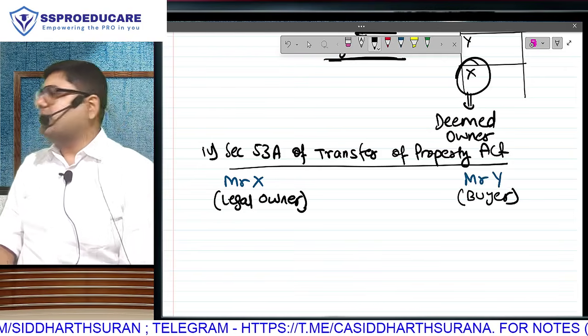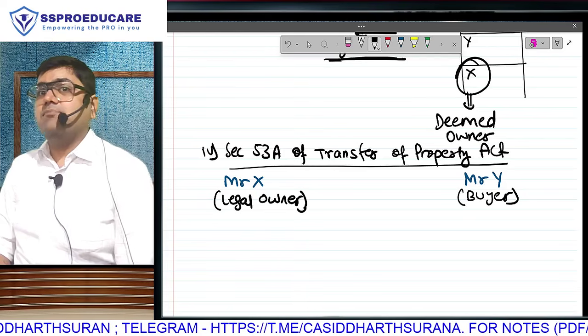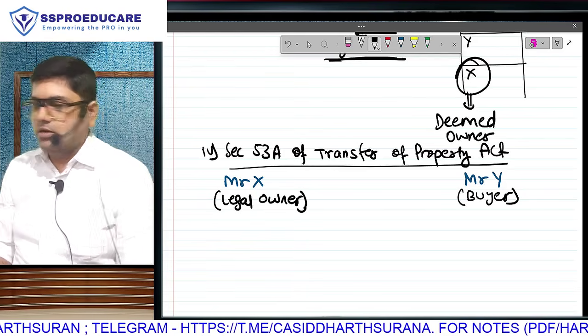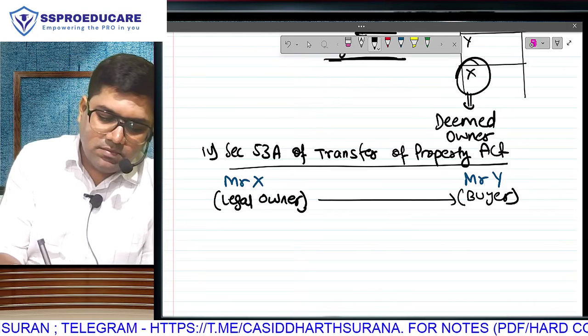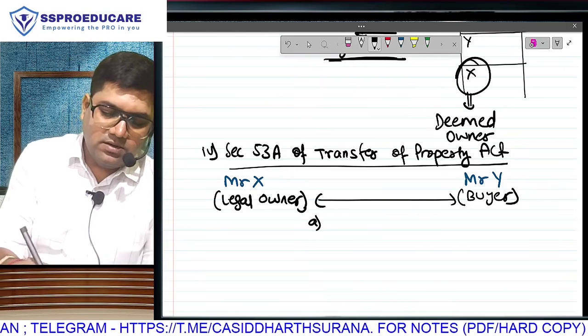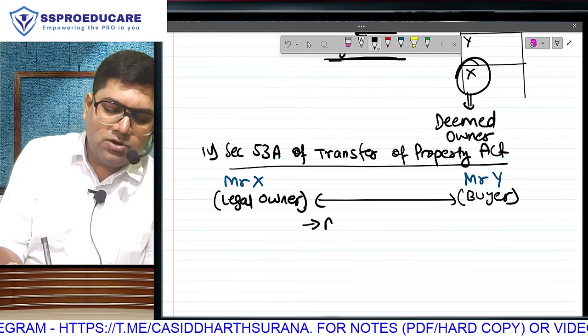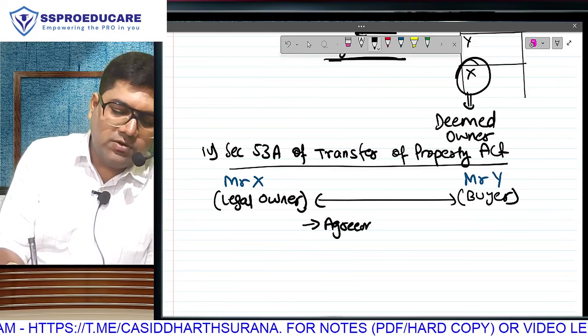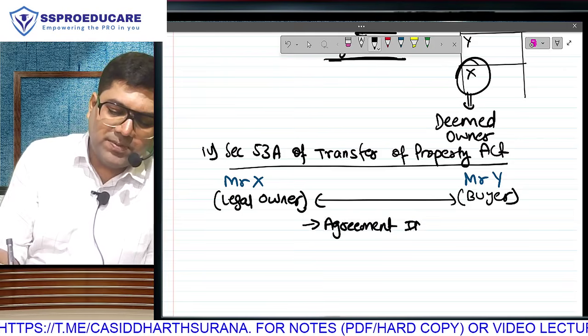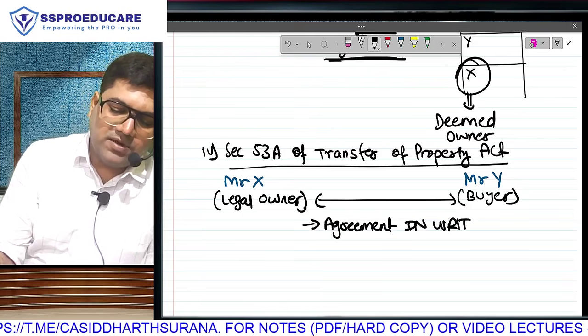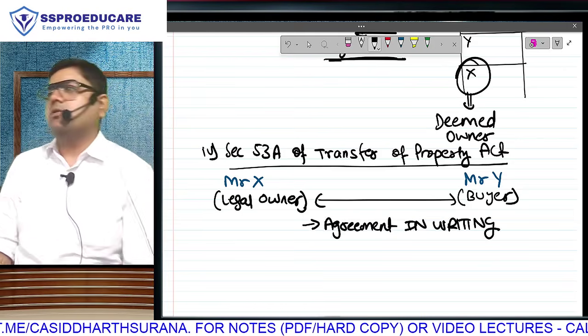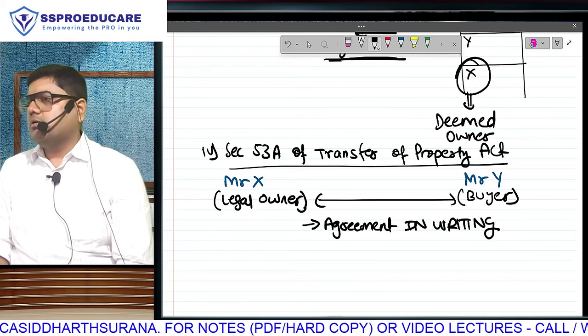So how does a property deal take place? X becomes the seller, Y becomes the buyer. Between them, they will have to make an agreement in writing. There cannot be a sale of property without an agreement, and the Transfer of Property Act says that the agreement cannot be verbal or oral, it has to be in writing.